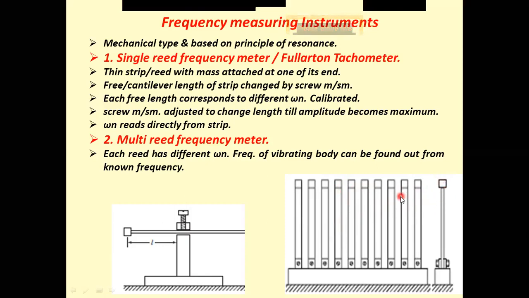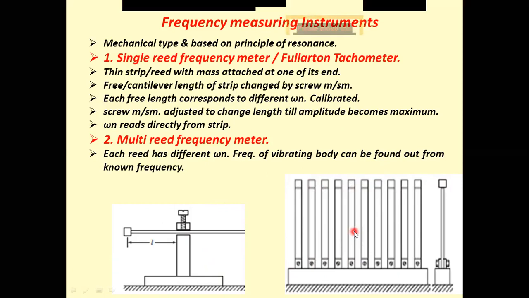If that resonance condition occurs, then the strip which is vibrating maximally gives the frequency of the vibrating body. So this is the second instrument, the multi-reed frequency meter, also called Frahm's tachometer. These are the two instruments.